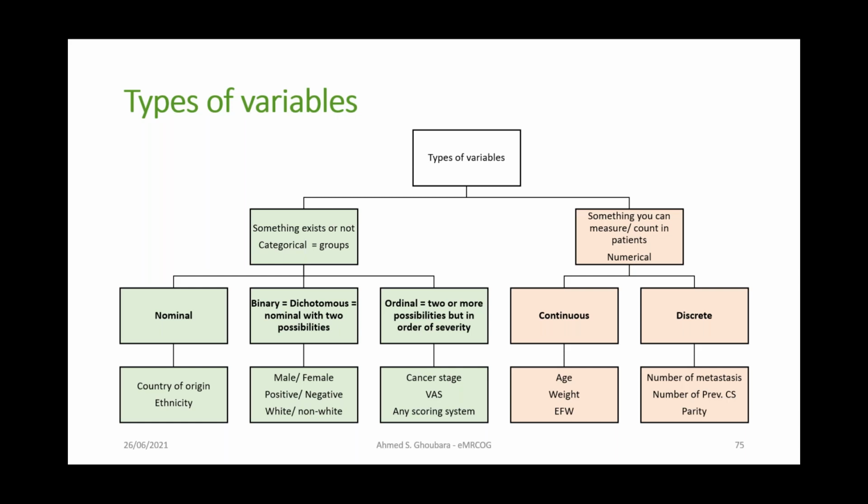Something is more dangerous or less dangerous. Mild, moderate, severe, ordinal. Stage 1, stage 2, stage 3, ordinal. The VAS, the visual analog scale, because 0 is less than 1, is less than 2, is less than 5, and so on. Cancer stage, same thing.